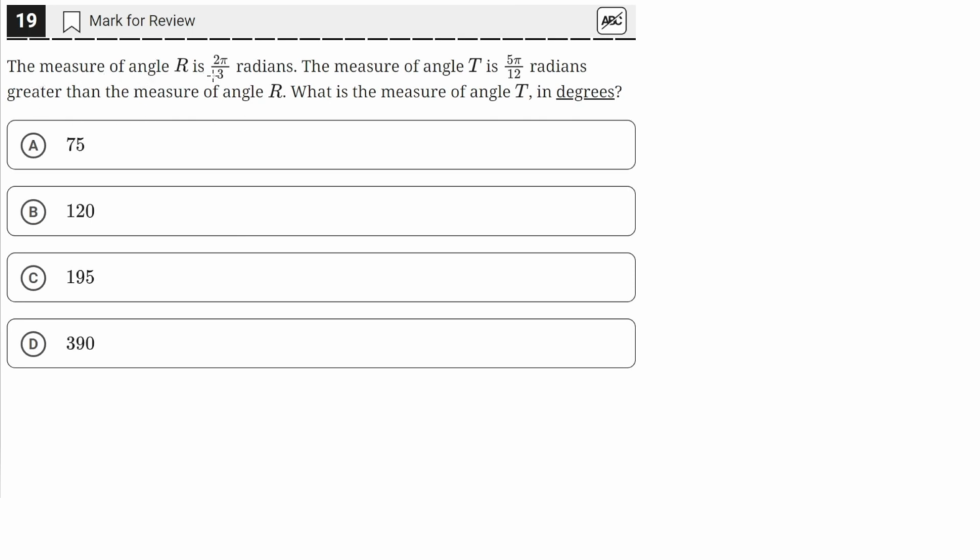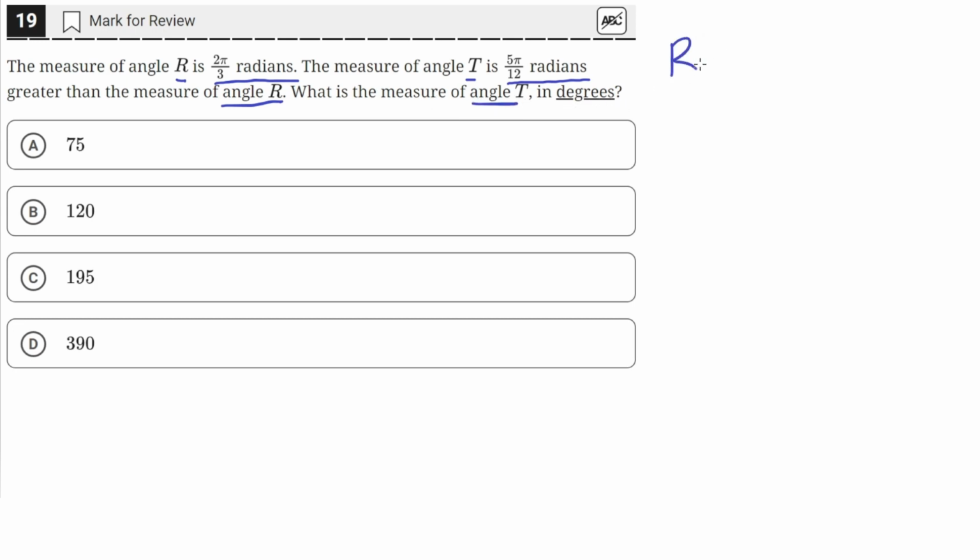The measure of angle R is 2 pi by 3 radians. The measure of angle T is 5 pi by 12 radians greater than the measure of angle R. What is the measure of angle T in degrees?